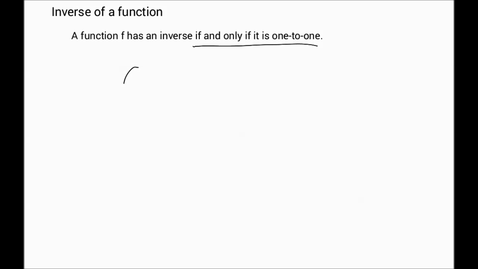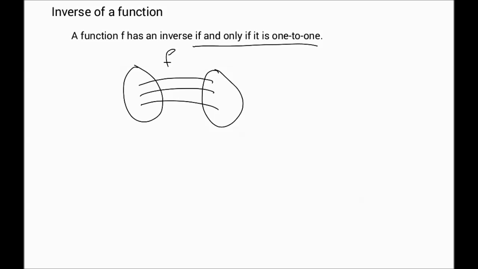Let's have a look. Now that you understand an inverse is for reversing, a function f does this: it maps things from the domain onto the range. Let's put arrows here to show the direction. Now the inverse is symbolically written like this, with a -1 up here, so it's f inverse of x.